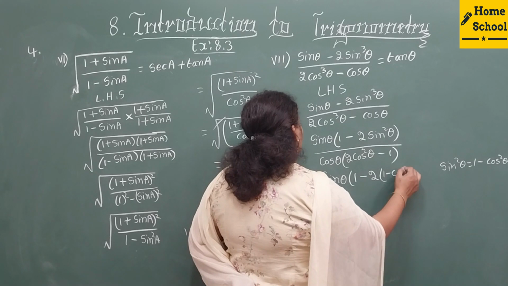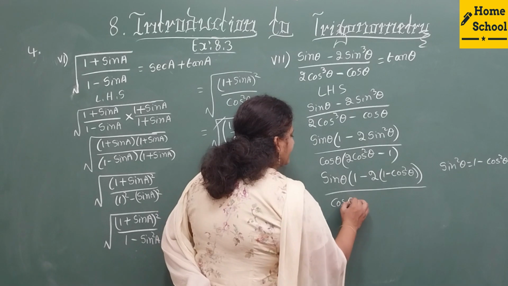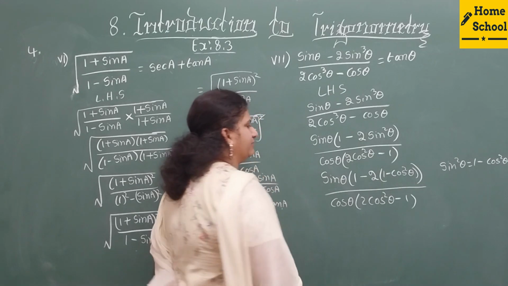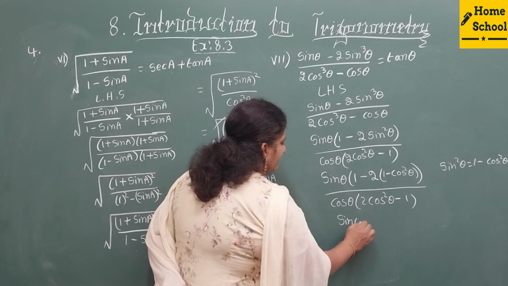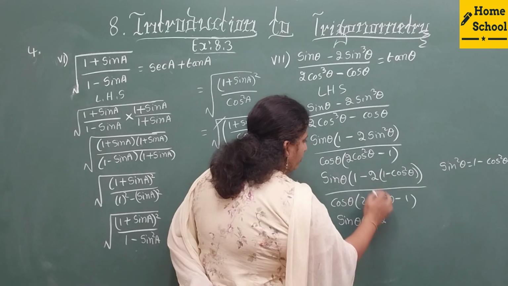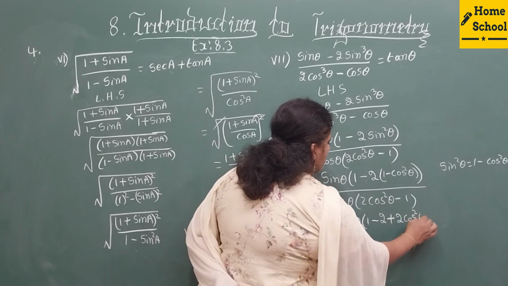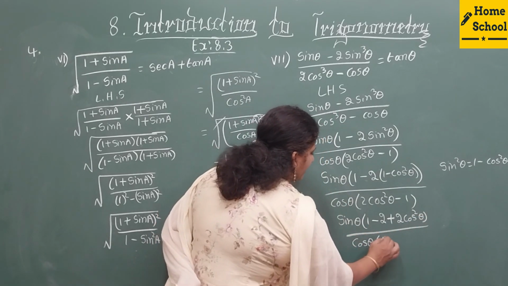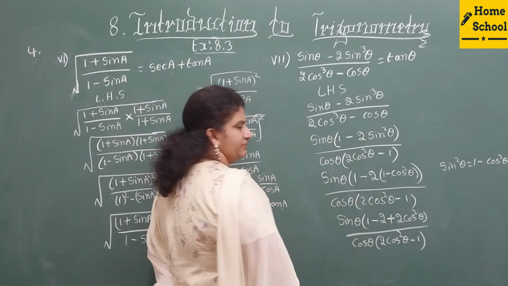Now remove the brackets: 1 minus 2 into 1 is 2, minus into minus plus 2 cos square theta, by cos theta into (2 cos square theta minus 1).